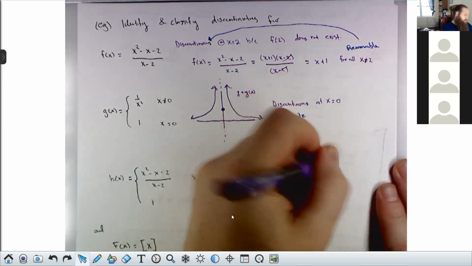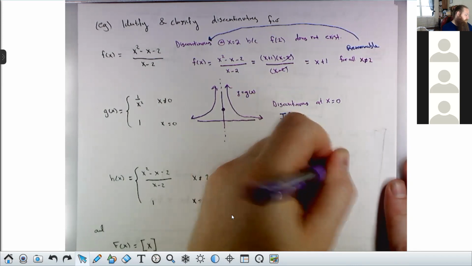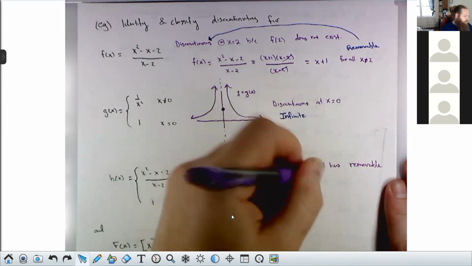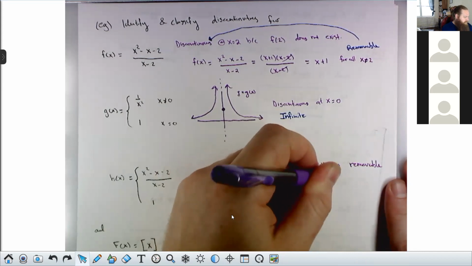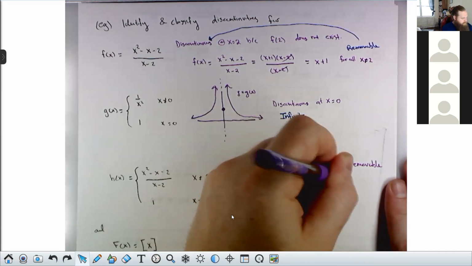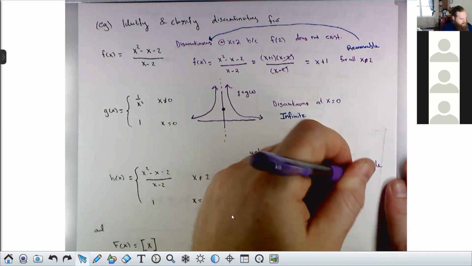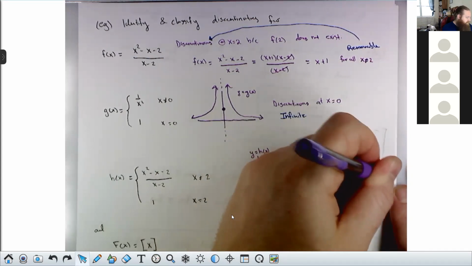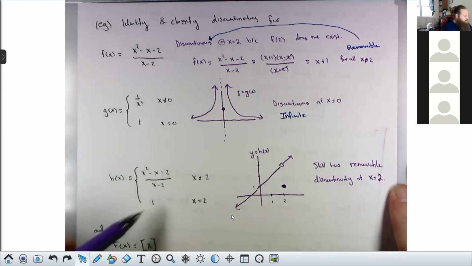Removable. Very good. Yep. And we could fix that discontinuity by changing this 1 to a 3.